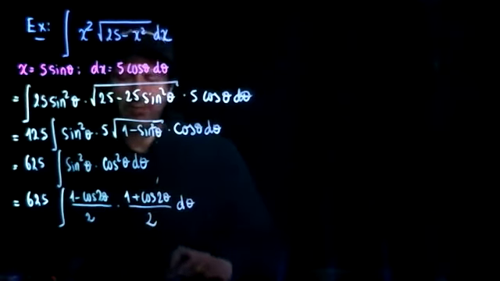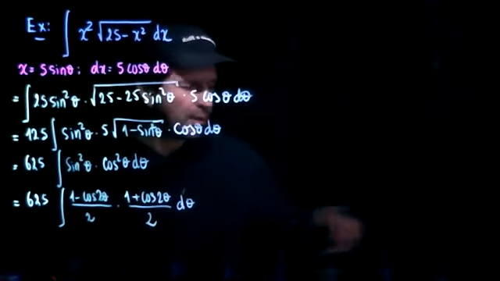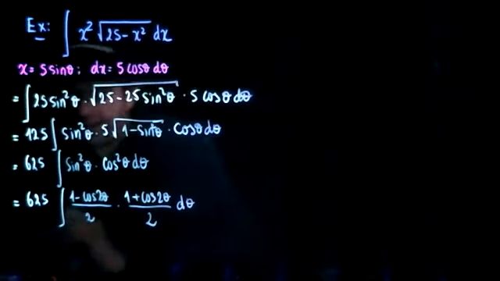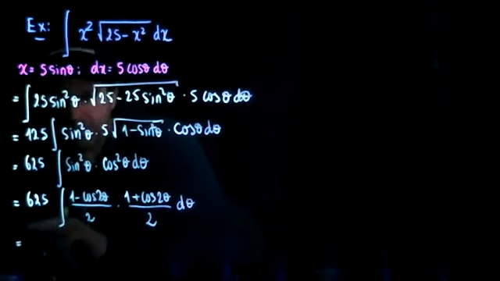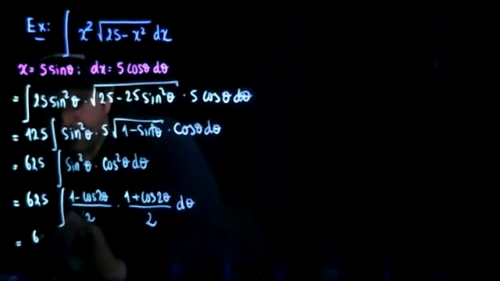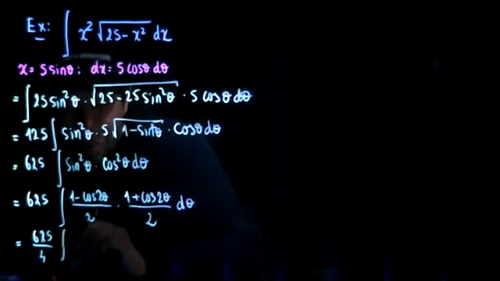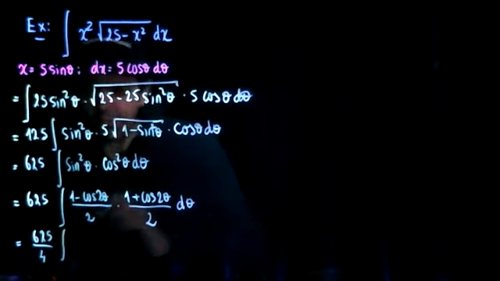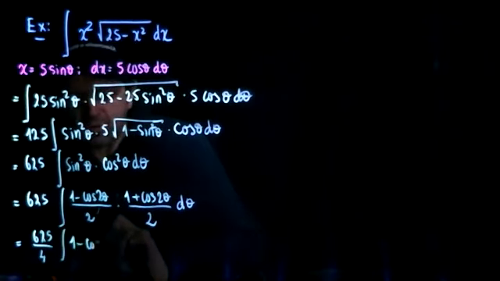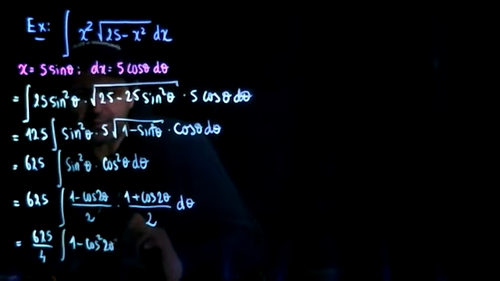This is what I have here. And then I could pull out a quarter, so 625 over 4 times, so 1 minus cos times 1 plus cos is 1 minus cos squared of 2 theta.